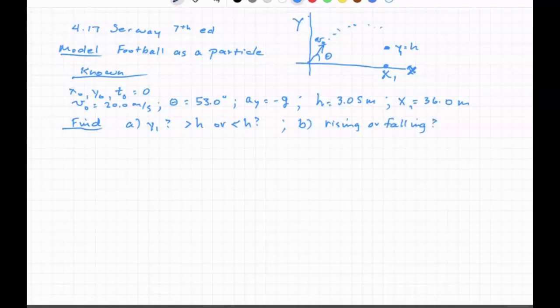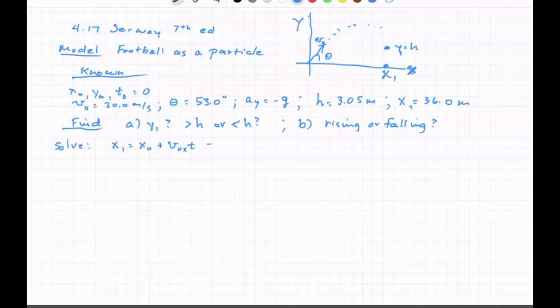So let's write down our equations. For the motion in the x direction, we know that x1 is equal to x initial plus v sub 0x t, where t is the elapsed time, or the time when the ball is at x1 and y1.